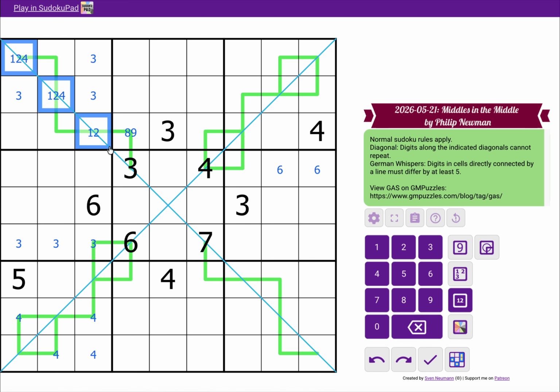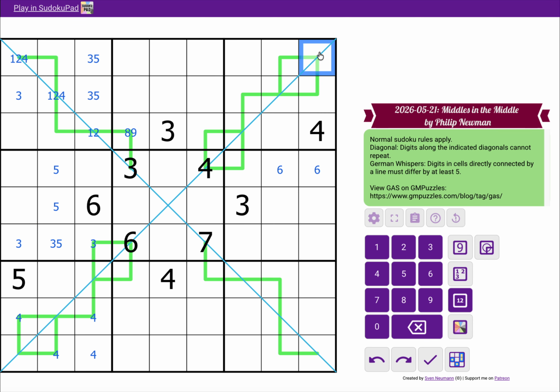And for 5s, 5s can't go here or here. And it can't go on the line. So 5 is actually only in one of these places. So no 5s here, no 5s here. There's got to be a 5 here.